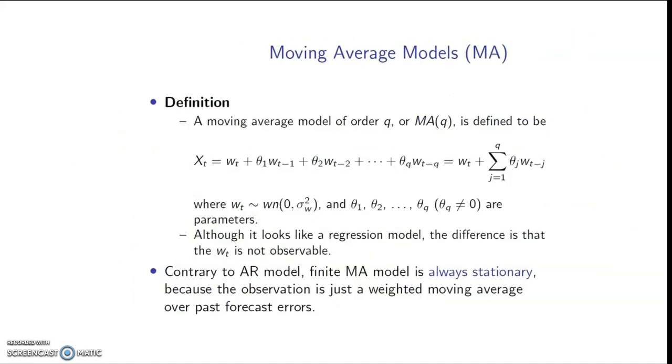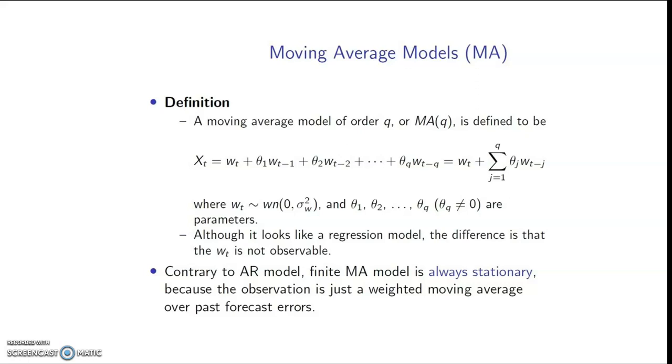The definition of a moving average model: a moving average model of order q, that is MA(q), is defined to be xt equal to wt plus theta 1 wt minus 1 plus theta 2 wt minus 2 up to theta q wt minus q, and that is equal to wt plus the summation j varies from 1 to q of theta j wt minus j, where wt is white noise, normally distributed with zero mean and variance sigma square w, and theta 1, theta 2 up to theta q are parameters.